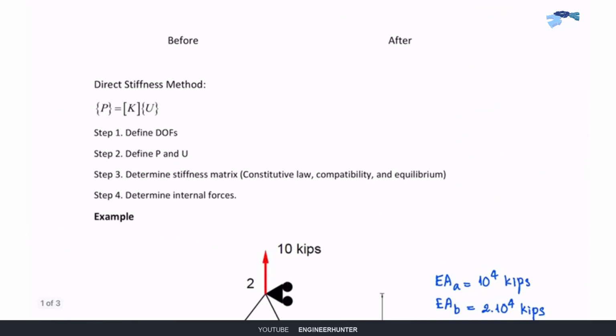The next part is we can find the internal forces.